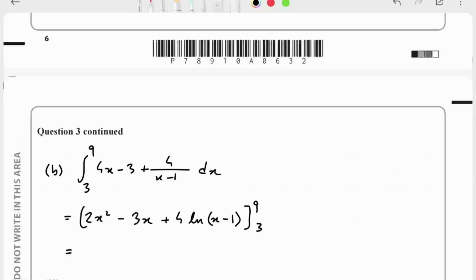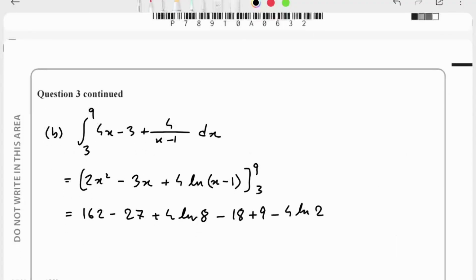So that's 9 9s are 81, so it's 162 minus 9 3s are 27 plus 4 times ln of 8, minus, that's 9 2s are 18, minus, plus 9, minus 4 ln 2. So it's 162 minus 27 minus 18 plus 9.